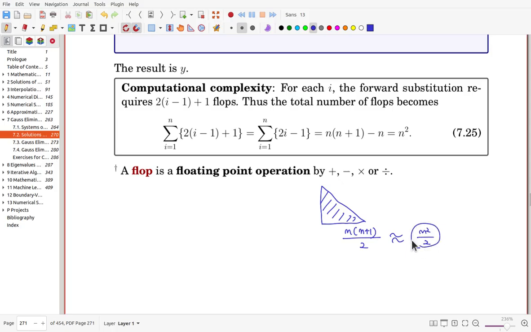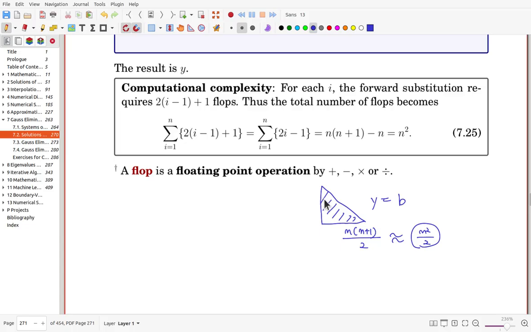When we try to solve the problem Ly equals b, for each entry you have to apply either multiplication or division, and then addition or subtraction.